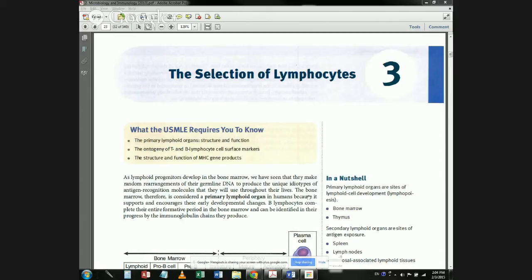So now, as these lymphoid progenitors develop in the bone marrow, we have seen that they make random rearrangements of their germline DNA to produce the unique idiotypes of antigen recognition molecules that they will use throughout their lives. Well, that should answer my question earlier.